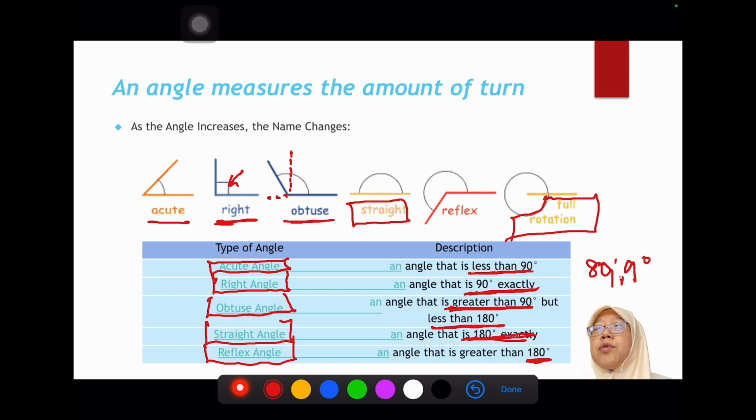Okay, we call it full rotation or 360 degrees. So these are the names that you must be familiar with. When you teach your students, you must know their angles. Okay, we begin with acute, and then right, and then obtuse, and then straight, and then reflex, and then full.